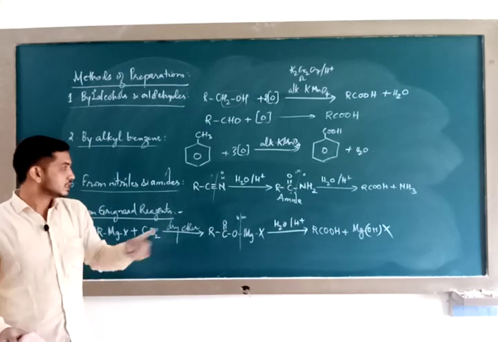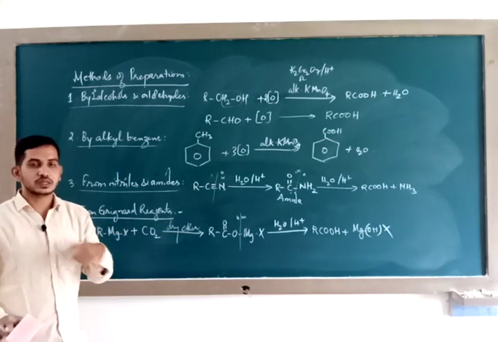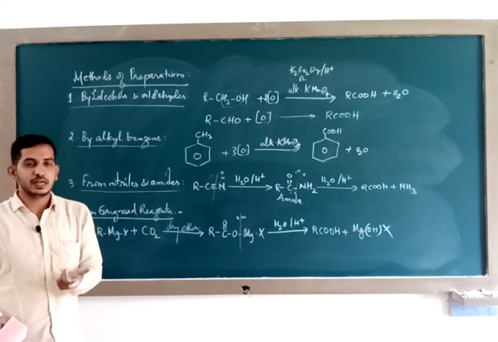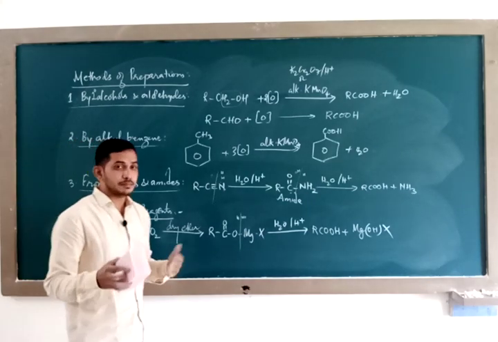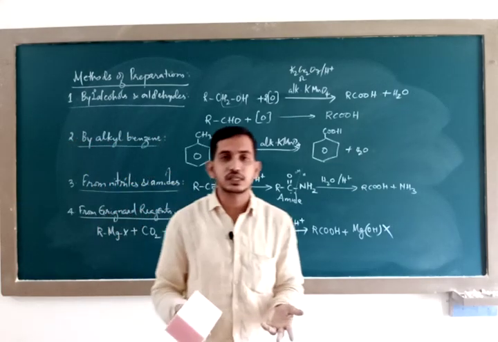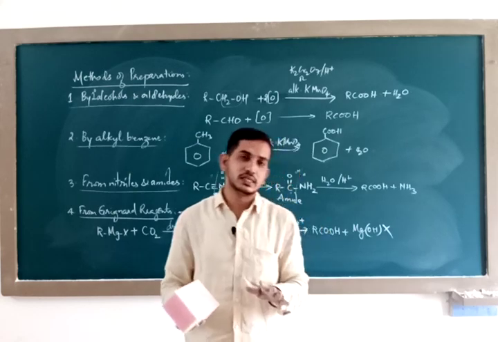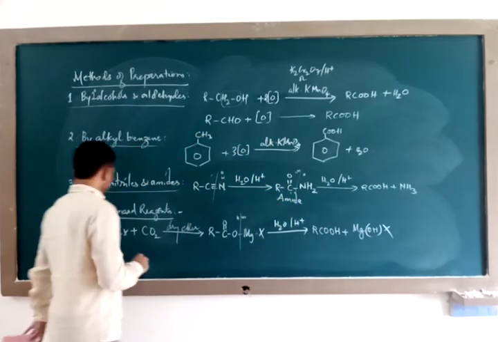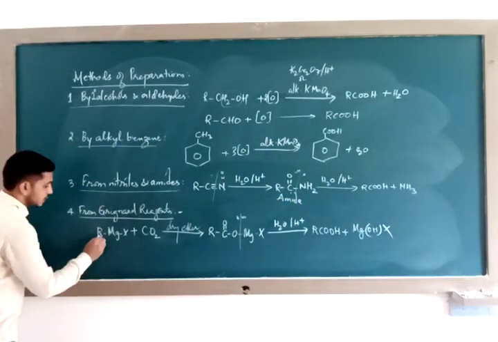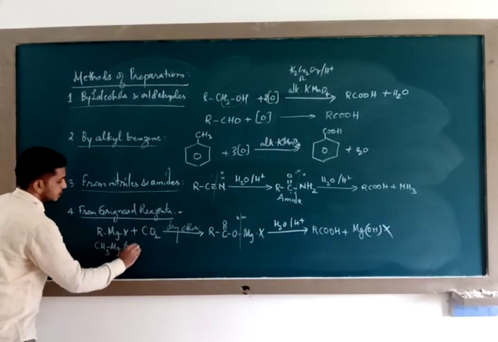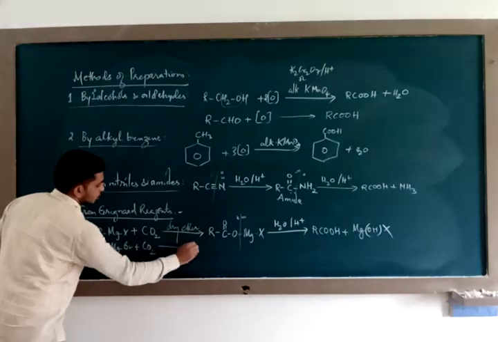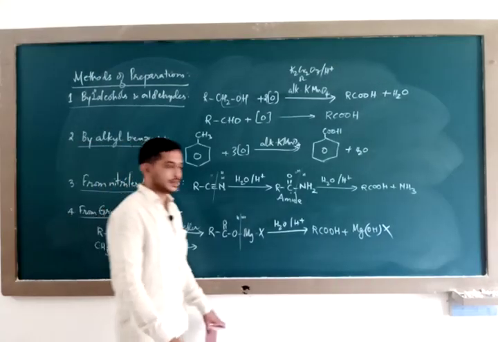I am explaining only the general reactions. You need to practice each time R with once methyl group and the second time with benzene ring, because in the exam they may or may not ask you general equations, but they will ask you very specific examples. Okay. Try one example. If the same is done with CH3MgBr with carbon dioxide, what product is obtained?